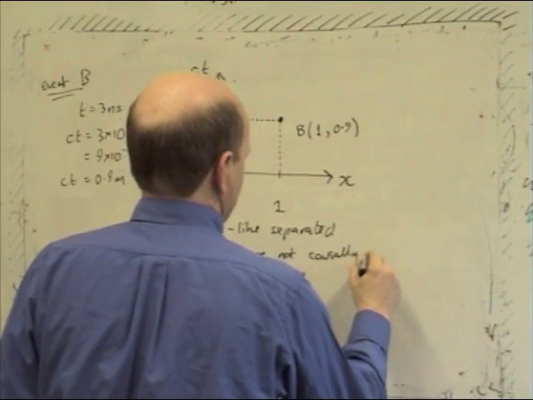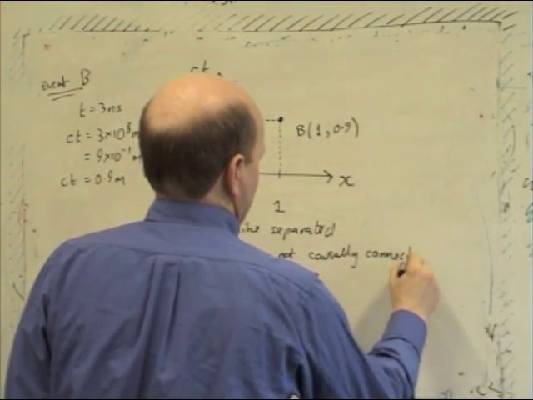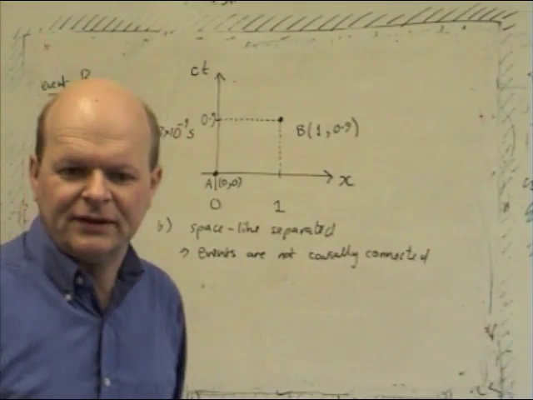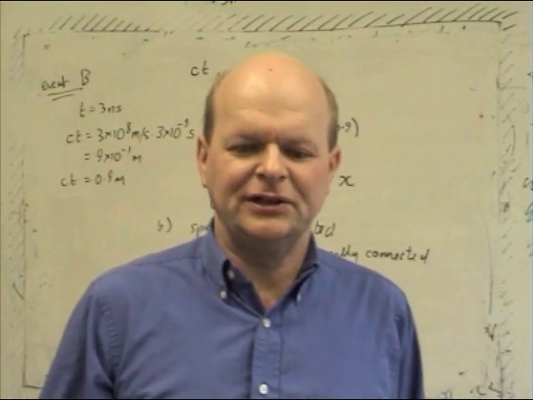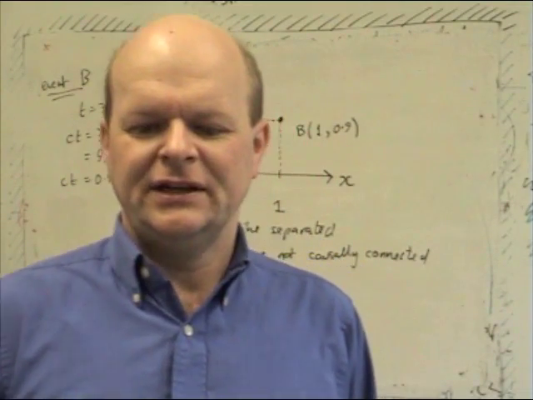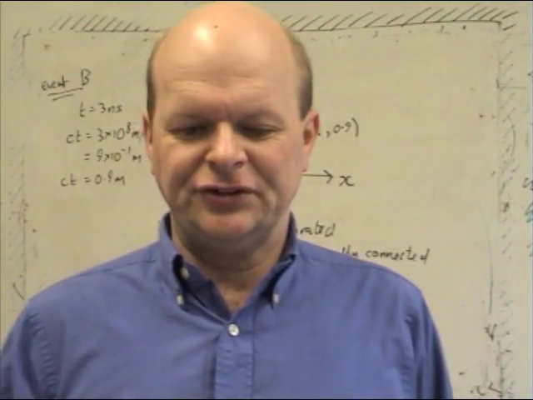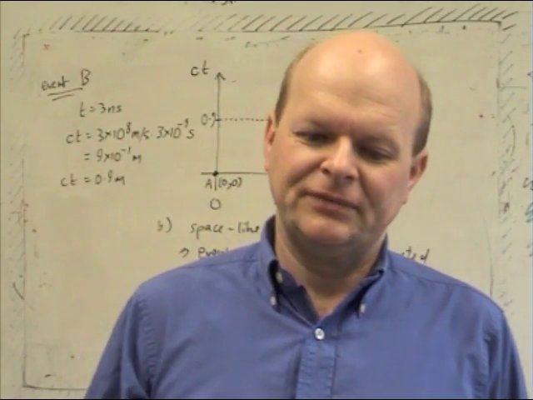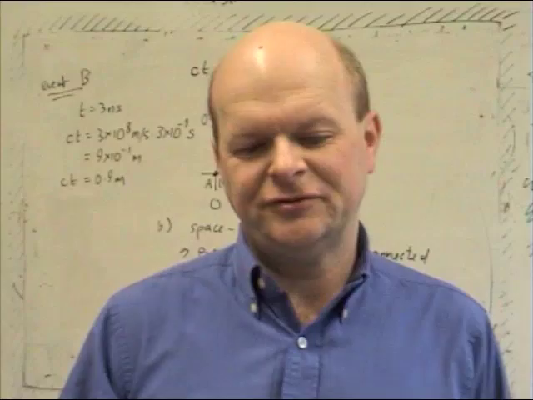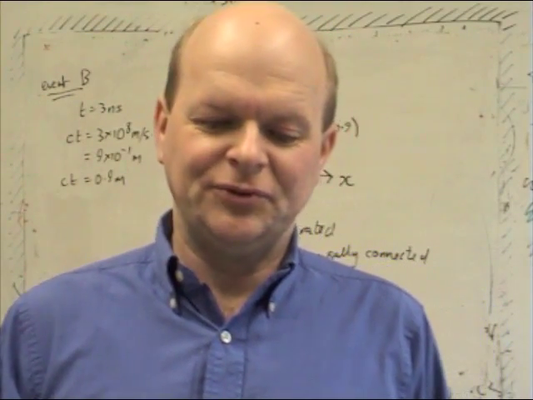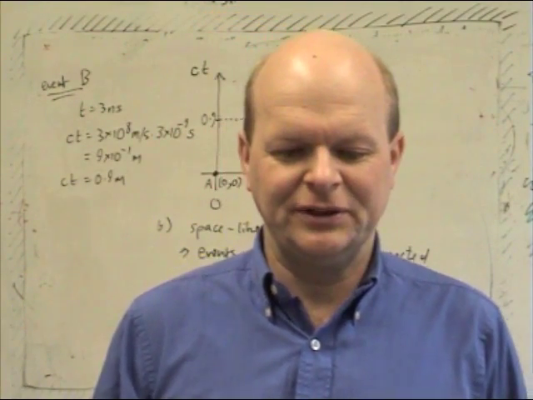What does that mean? It means that no physically allowed world line can connect the two events. In other words, one cannot exert a causal influence on the other. If that's true, then you can't have any signal propagating from one event to the other, and therefore there can't be a causal relationship between them.